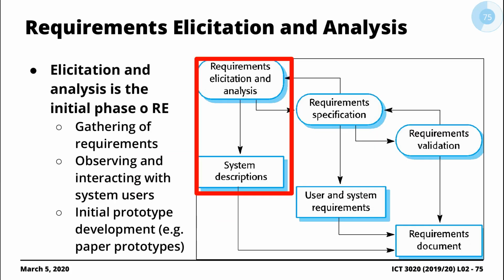Right. So elicitation and analysis is the first phase of the requirements engineering process, and what typically happens here is you go through a process of gathering the requirements from the customers, or otherwise the end users of the system or the software that you are wanting to implement or develop, right?